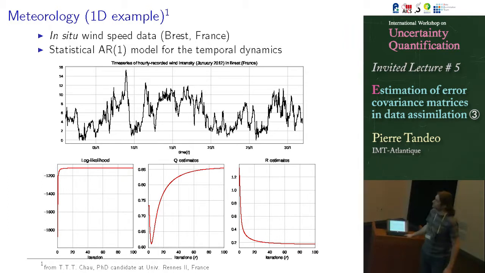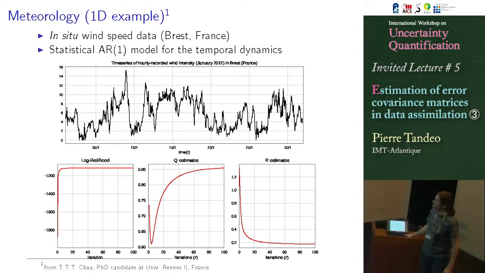This is wind speed in my hometown, Brest in Brittany. We have a lot of wind here. It's January, it's very windy, and this is a very simple time series, and we want to use a dynamical model, an autoregressive order 1 model, to model this time series.